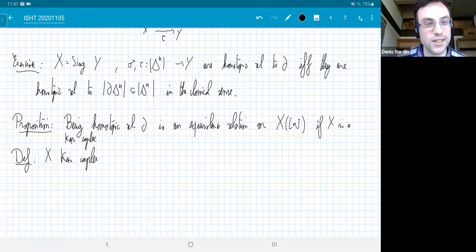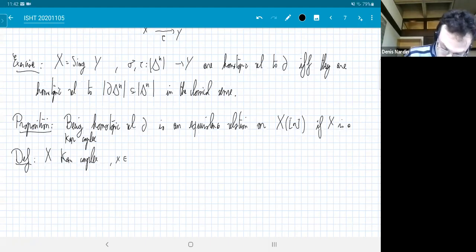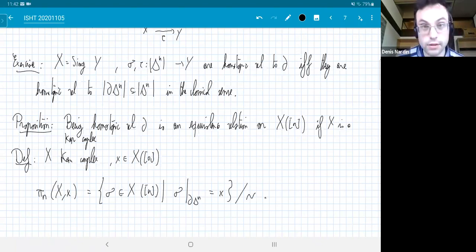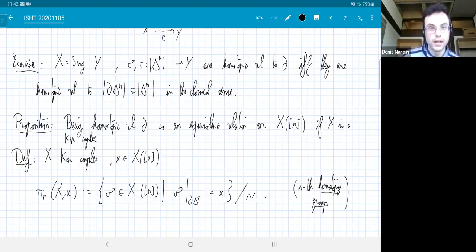That's why we define Kan complex, so that this theorem is true. And X a Kan complex, with a base point x in X_0, then we take pi_n of (X, x) to be the set of sigma n-simplices such that sigma restricted to the boundary of delta n is x, modulo this equivalence relation. That's the n-th homotopy group. Although I haven't proven it's a group yet, but okay.